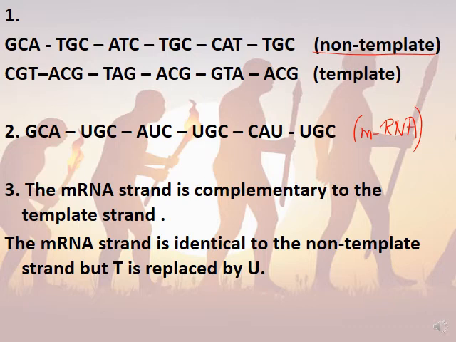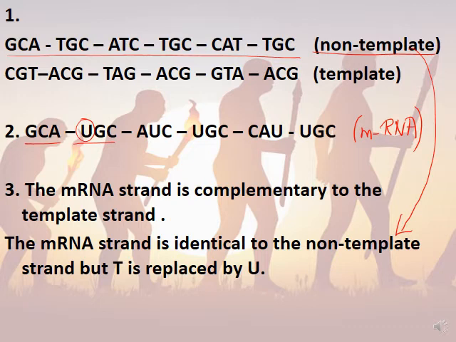So mRNA is identical to the non-template, but T is replaced by U. So this is the non-template. It's identical to the mRNA, but T is replaced by U. So the first GCA is GCA. TGC, the T is replaced by U, so UGC.